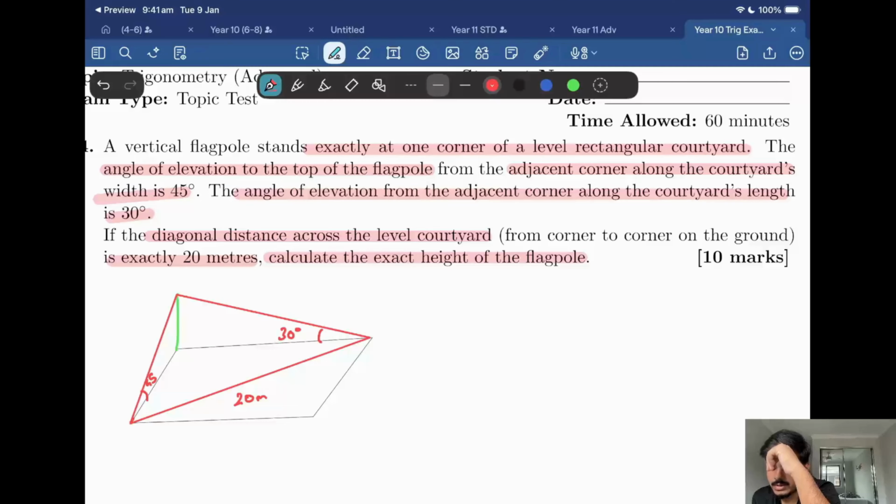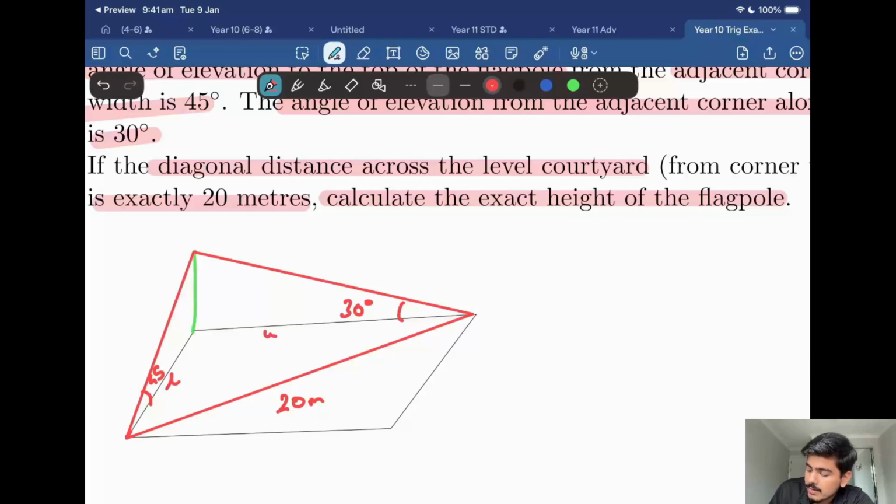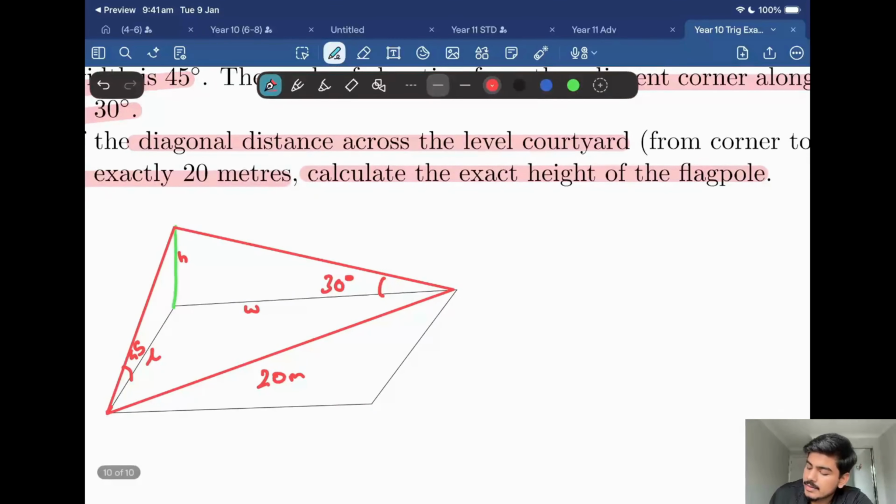Nice question. So we have the length, this is the width, and this is the height of the flagpole, right? Can we write the height in terms of length? Yes, we can.